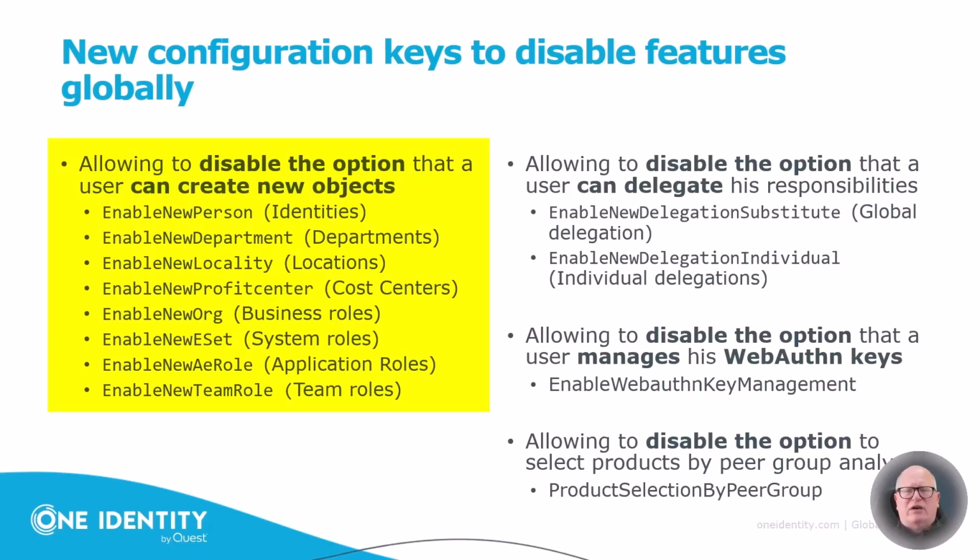There are scenarios outside where people can manage and update and whatever else with objects, but what they should not do is create new ones. Because of that, there are global options available now, and these global options will disallow creating specific objects. You can see them in the list. That is a feature available for identities, departments, locations, cost centers, business roles, system roles, application roles, and team roles.